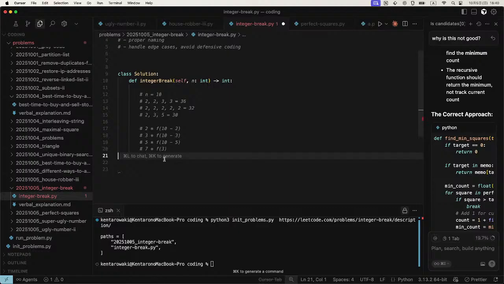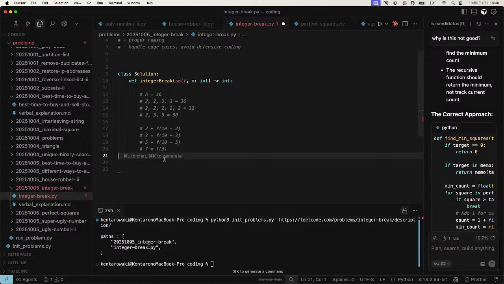Bottom-up solution is, for example, if n is 1, the answer is 1. If n is 2, the answer is also 1. And if n is 3, it can be 2, 1, 1, 2. Yeah, the answer is 2.